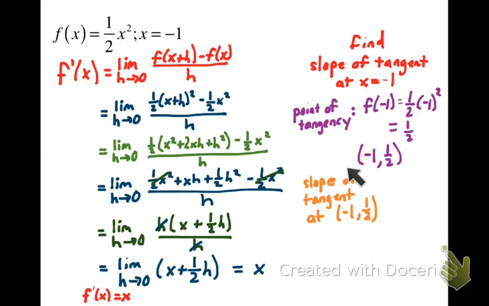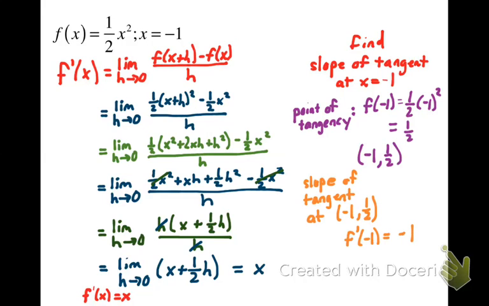The way we're going to find the slope of the tangent line at that point is we're going to plug in -1 into the derivative function that we got. We're going to find out what f prime of -1 is. So f prime of -1 is simply going to be equal to -1, it turns out.